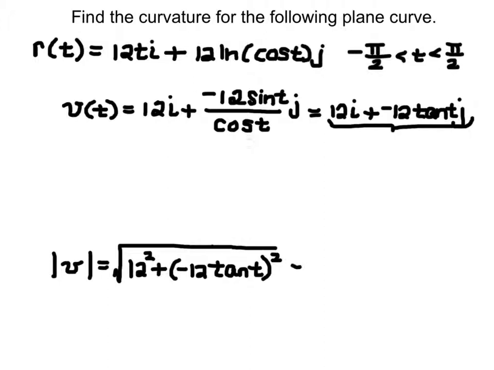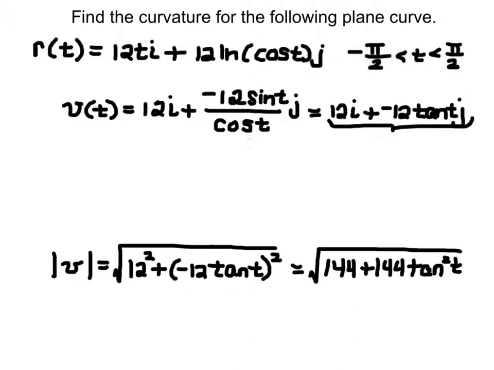So that's equal to the square root of 144 plus 144 tangent squared t. And we can simplify that.